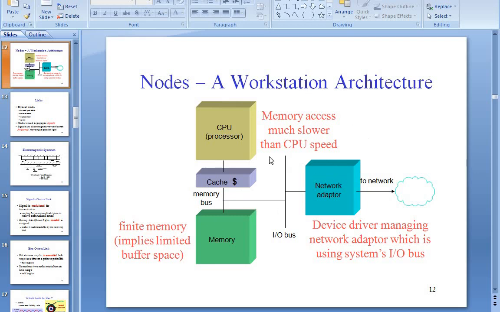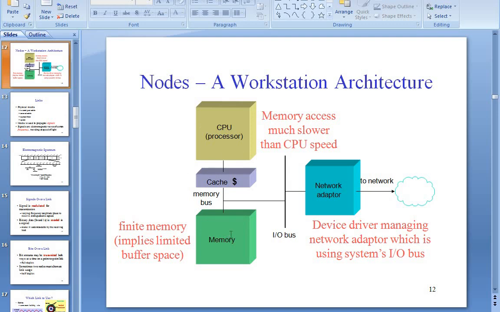So what are the issues that may impact the performance of a network? The first issue in a workstation architecture is that memory is always finite. Even if you have a very good node, or a sophisticated or updated node, still memory is finite. That is, buffer space is always limited for packet storage.